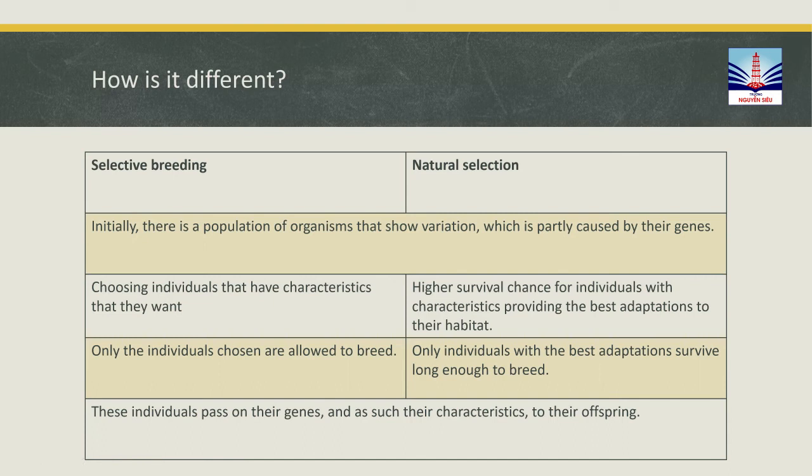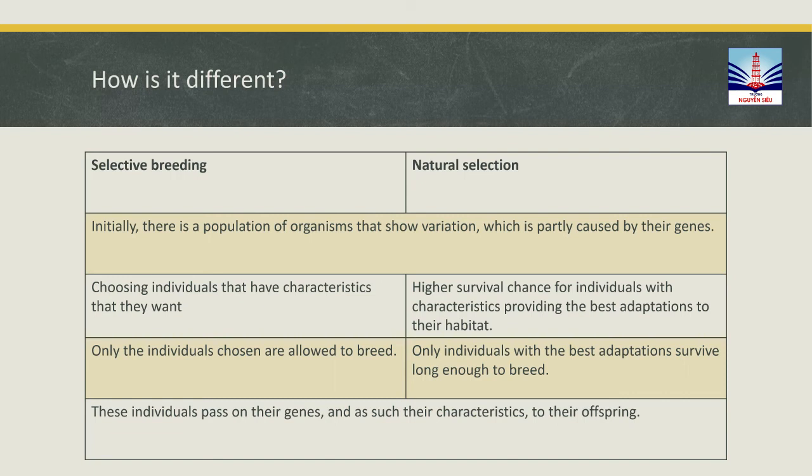There are a couple differences. Selective breeding is choosing individuals that have the characteristics that we humans want. Whereas natural selection is basically survival of the fittest, for individuals with the characteristics providing the best adaptations to their habitat and living environment.